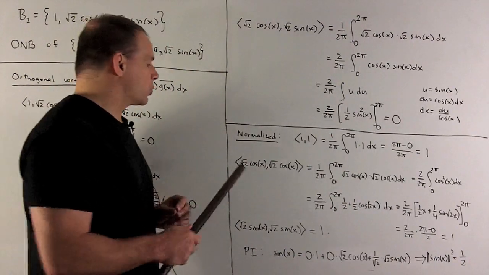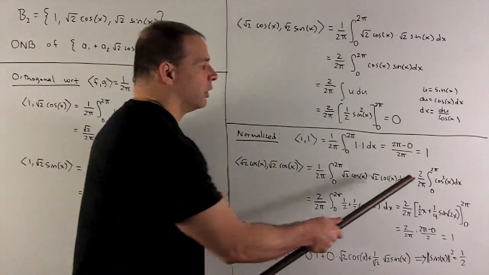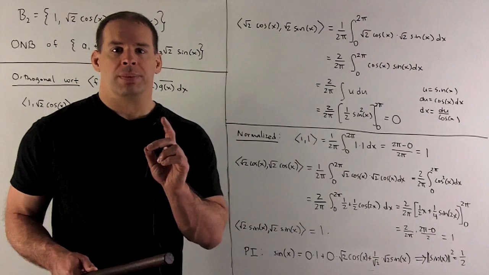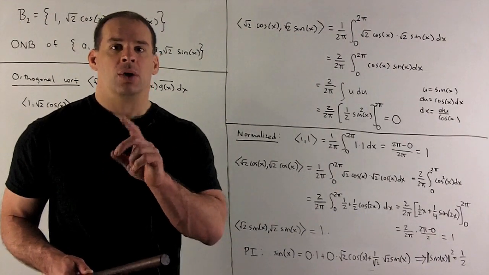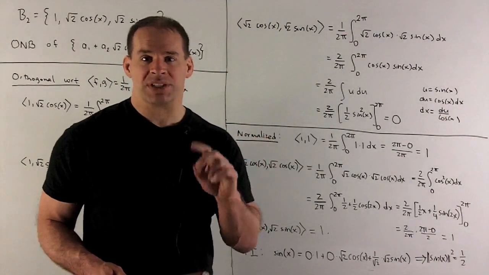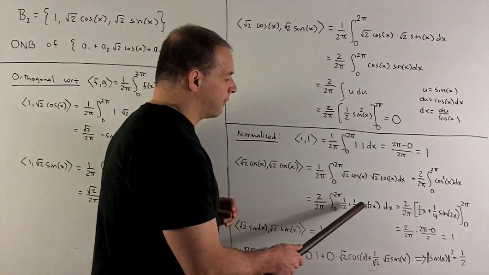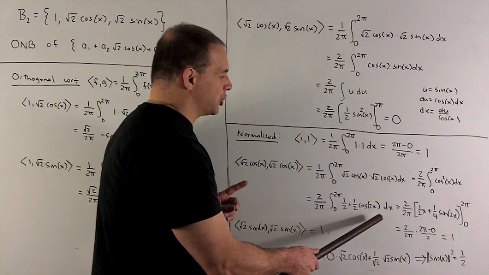If we put square root of 2 cosine x in against itself, you're going to be taking the antiderivative of cosine squared. So for that, I'm going to use the double angle identity for cosine. Okay, we'll use that as cosine of 2x equals 2 cosine squared x minus 1. And then we solve for cosine squared x. That's going to give us 1/2 plus 1/2 cosine 2x. And then any derivative of that, straight shot.